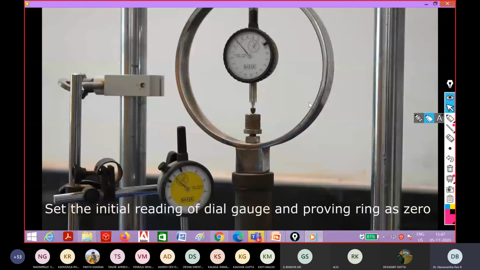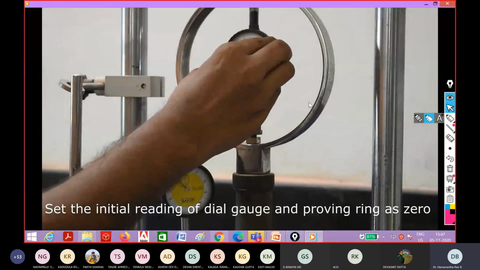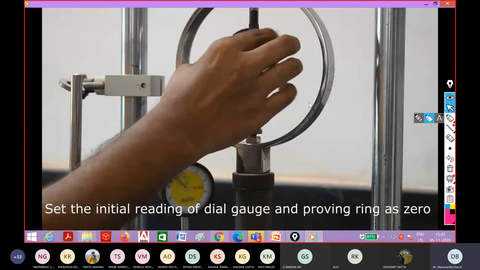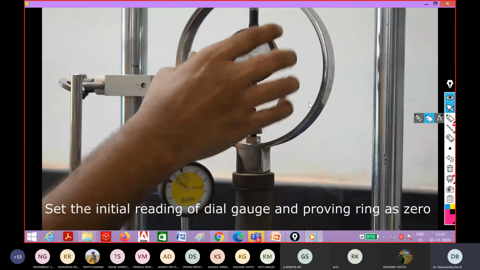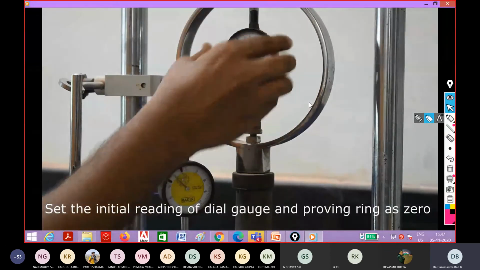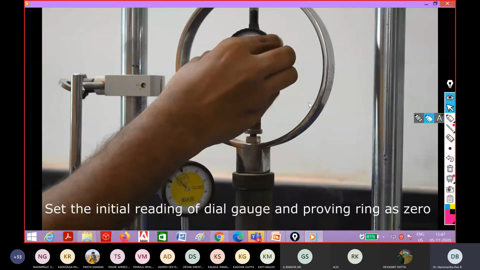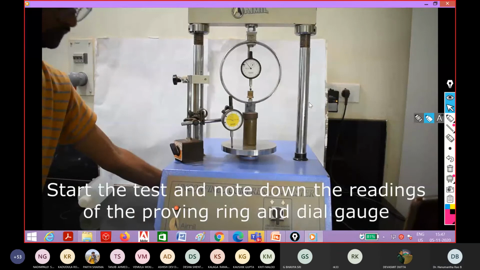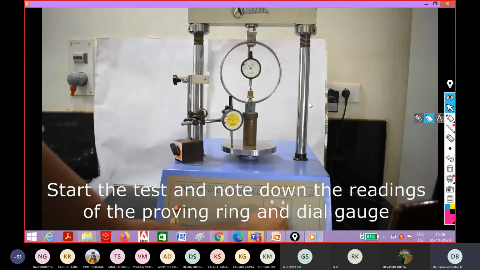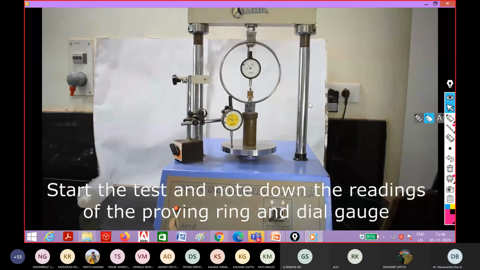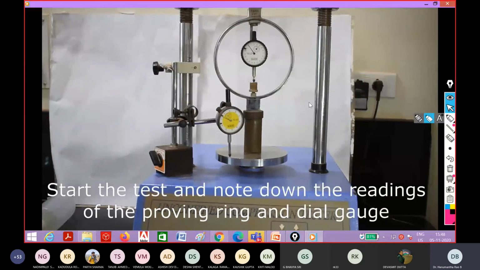Set the deformation gauge to 0 and set the load gauge to 0. Now switch on the machine. It compresses the soil sample.